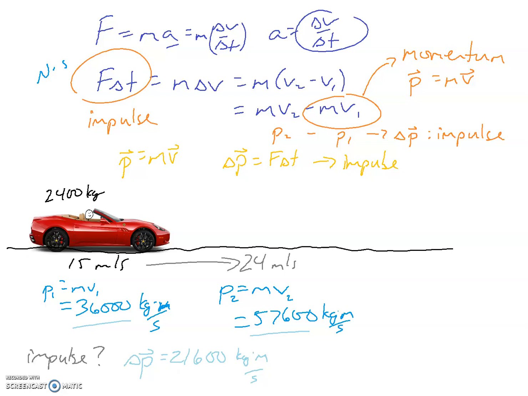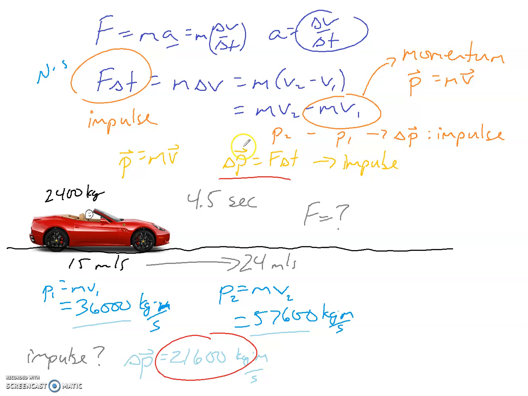Let's build on the situation a little bit more. What if, in my little Ferrari, it took 4.5 seconds to go from 15 to 24? Then I could calculate how much force was used. You could use the change in v over change in t to get the acceleration, then F equals ma to get the force. But you can also use impulse ideas. I know my impulse was 21,600, and another way to find impulse, aside from subtracting two momentums, is to use this expression.